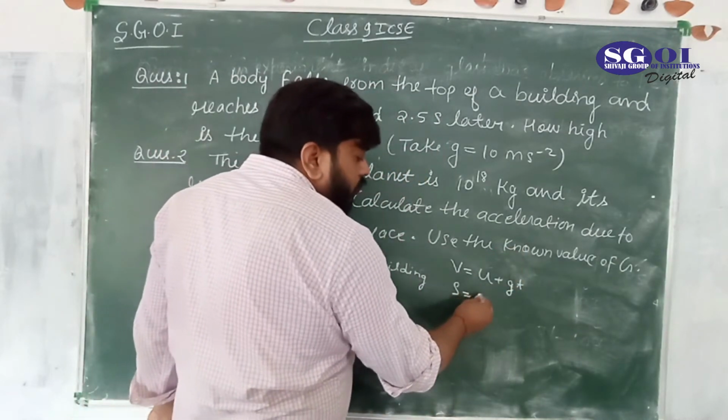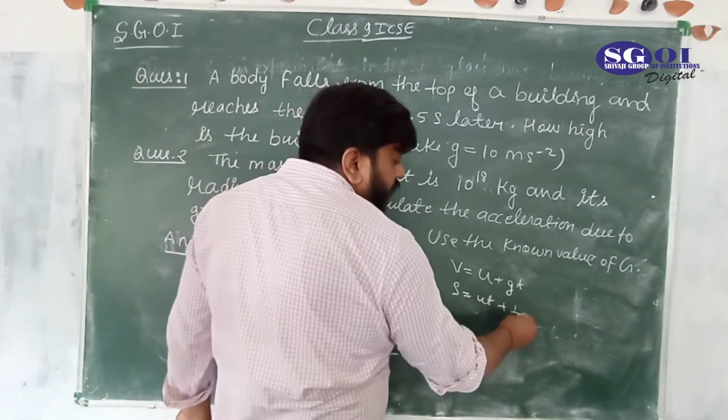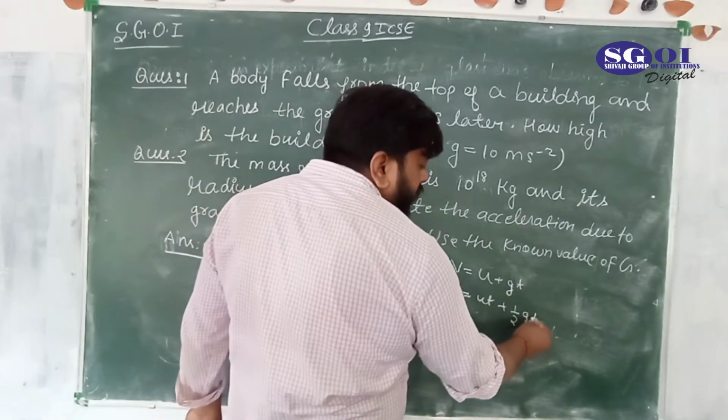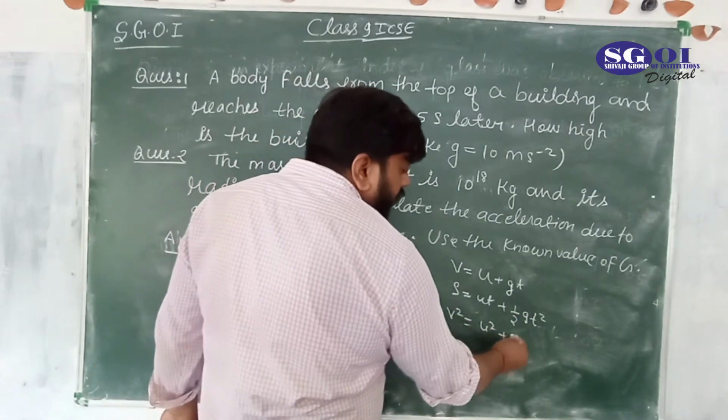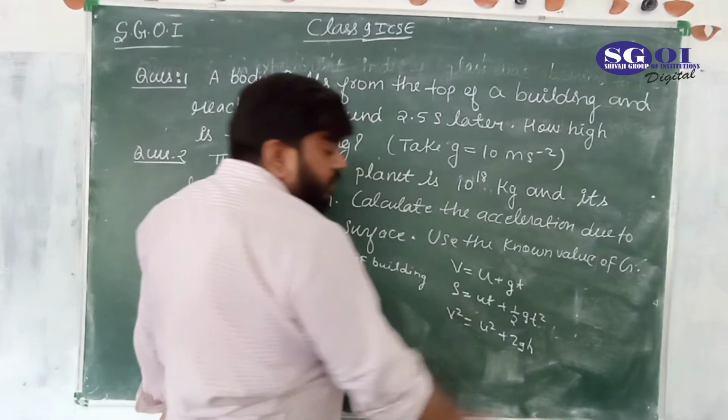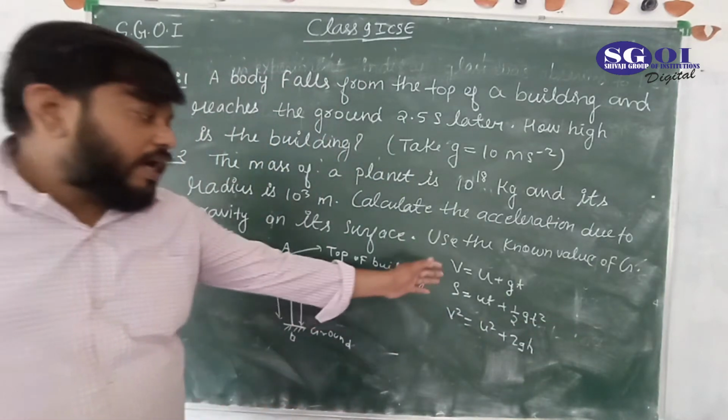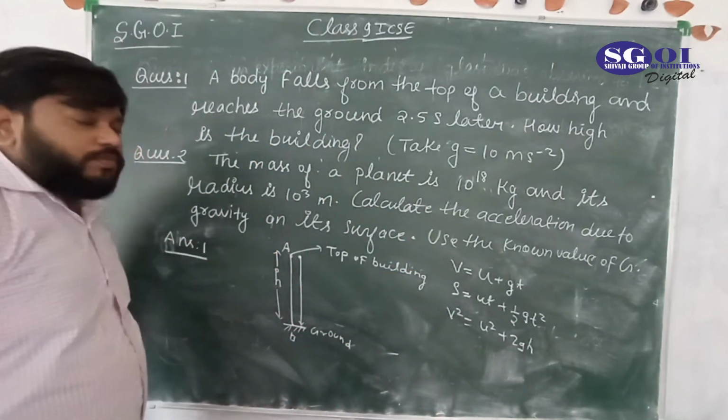Similarly, s is equal to ut plus half gt square, and the third equation v square equal to u square plus 2gh. These equations are useful for solving these problems.